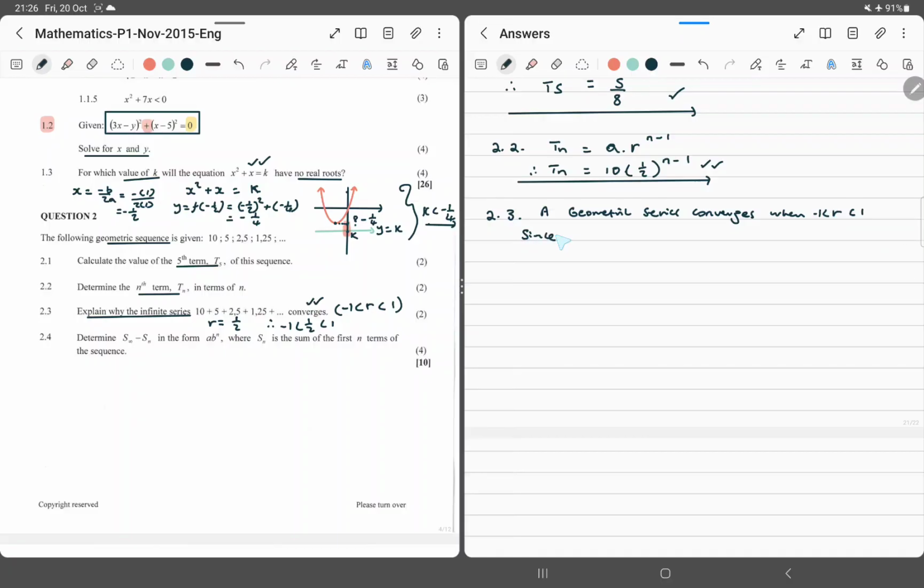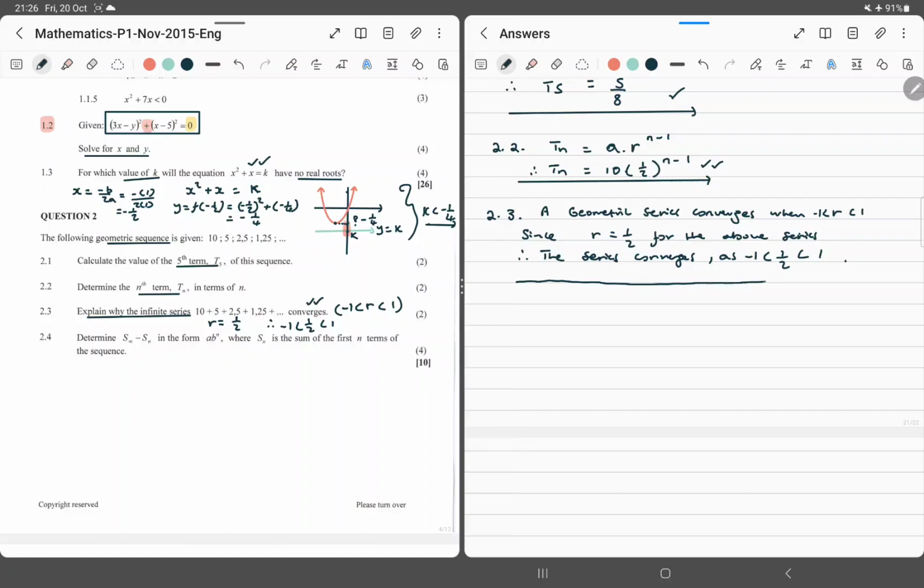We can say since r is a half for the above series, it is therefore clear that the convergence is that. We can say therefore the series converges as a half is less than 1 but greater than minus 1.